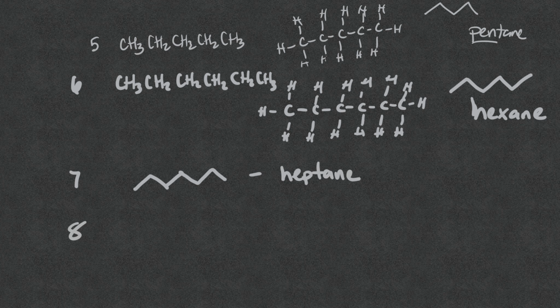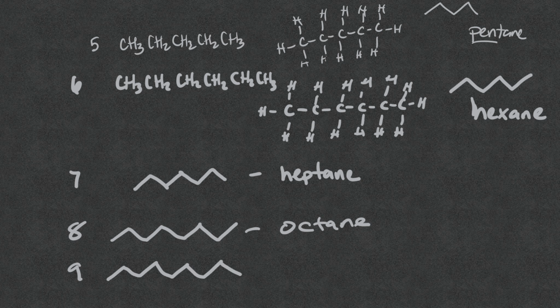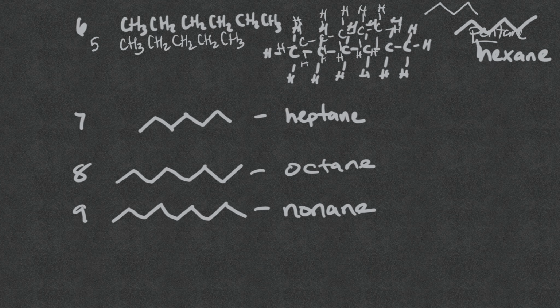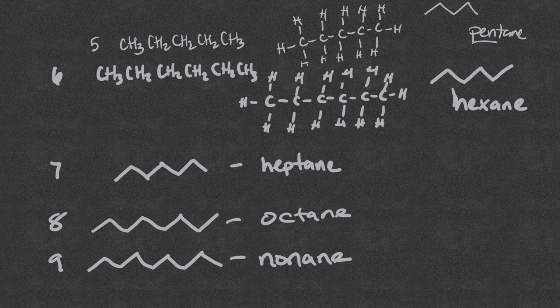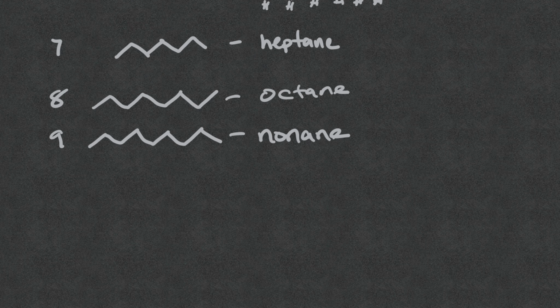All right, if it's 8, you have 1, 2, 3, 4, 5, 6, 7, 8. We call this octane. Okay, we have 9, 1, 2, 3, 4, 5, 6, 7, 8, 9. This is nonane. All right, and then the last one I really care for you guys to know is if we have 10 carbons, 1, 2, 3, 4, 5, 6, 7, 8, 9, 10, this is decane.